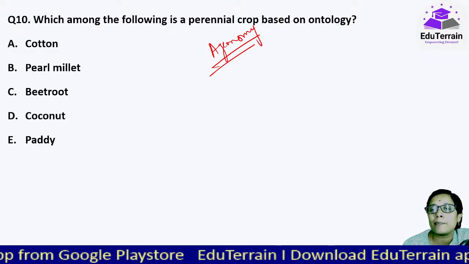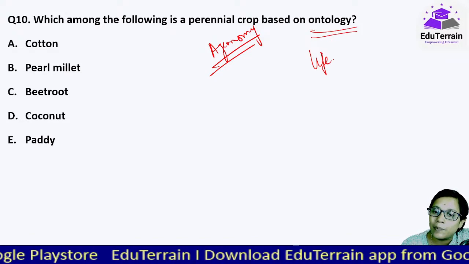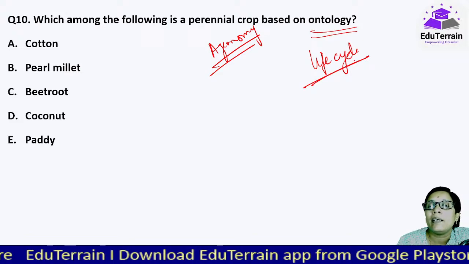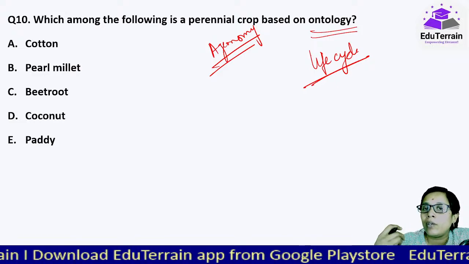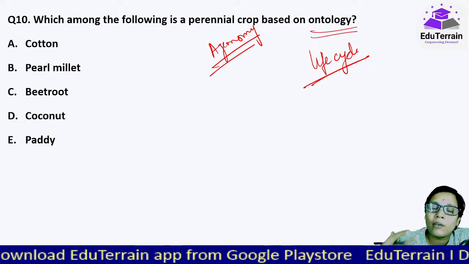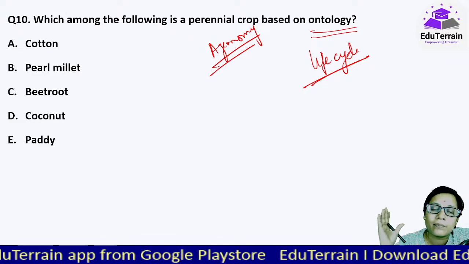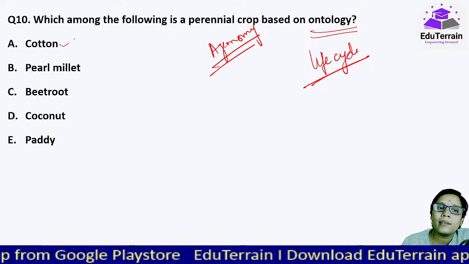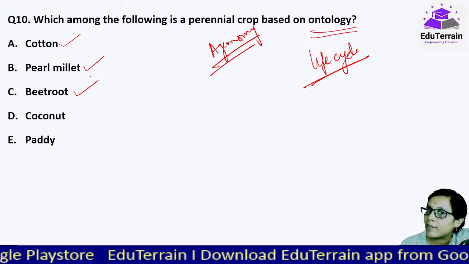Which among the following is a perennial crop based on ontogeny? Ontogeny means life cycle here, and a perennial crop is something that lives for more than 3 years and keeps on giving produce. Again after harvesting, again it will give, like that for more than 3 years it will survive. Okay, cotton, it's not a perennial crop. Pearl millet, no, it's a seasonal crop. And beetroot, it is a biennial crop.